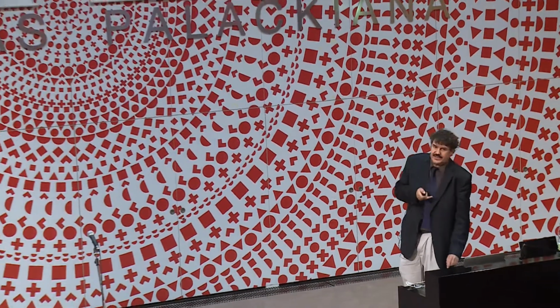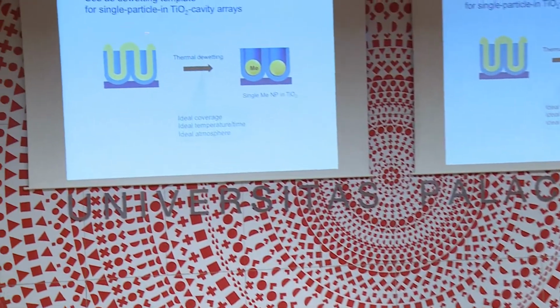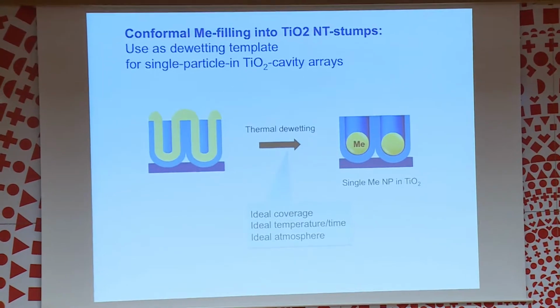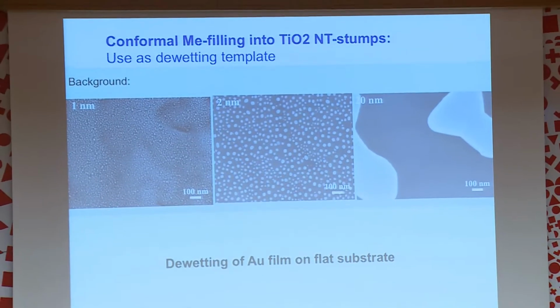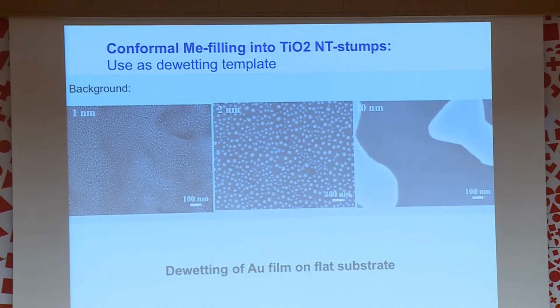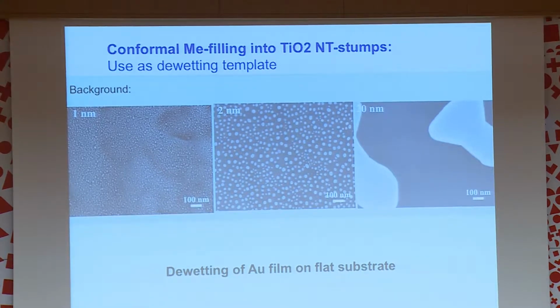Another much more interesting and much more thrilling application is using this structured material as a dewetting template. Dewetting usually works like this: if you put a compact metal film onto any oxide surface and heat it up, then you have dewetting of the metal.